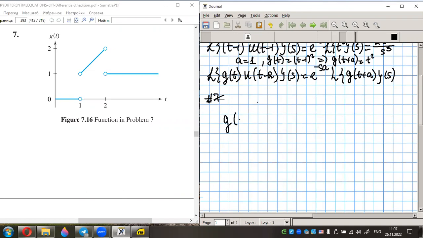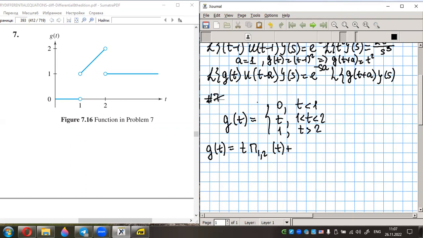Okay, g(t) is 0 if t less than 1, t if t less than 2, and 1 if t more than 2. So g(t) equals t times the window function on [1,2] at t plus u(t minus 2).